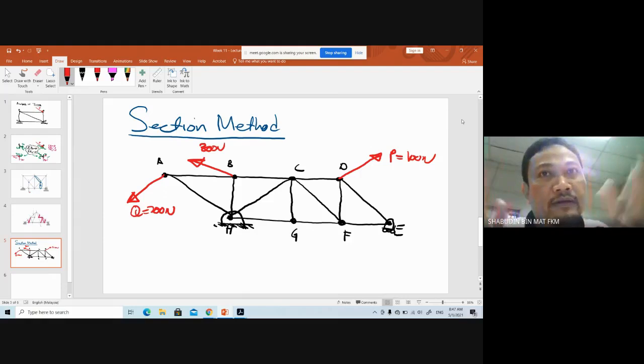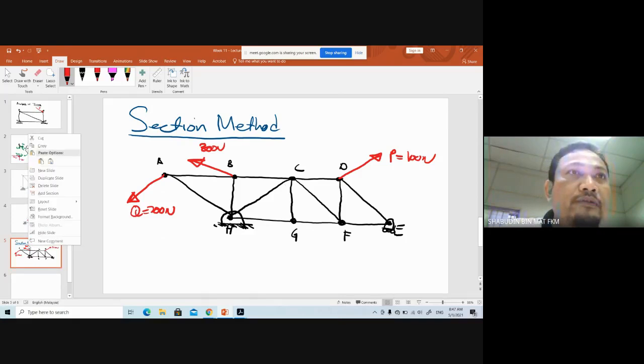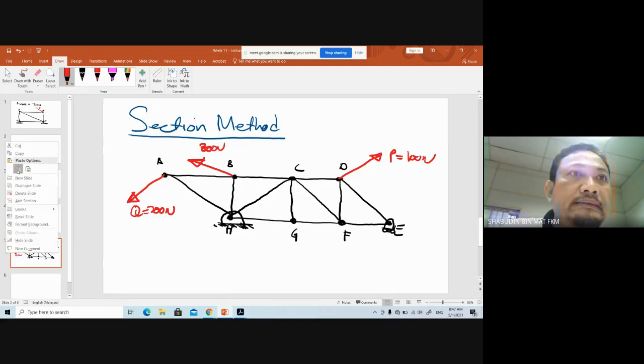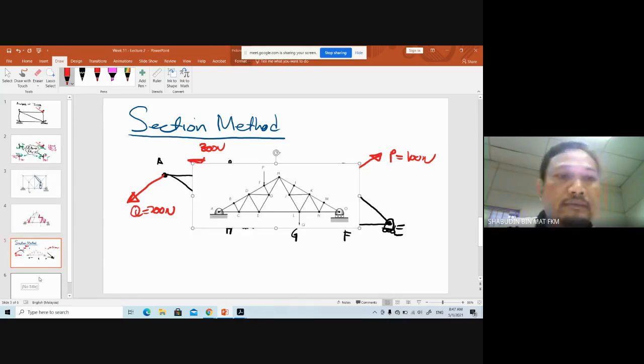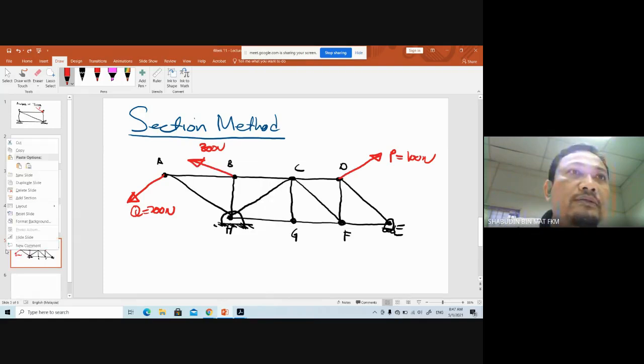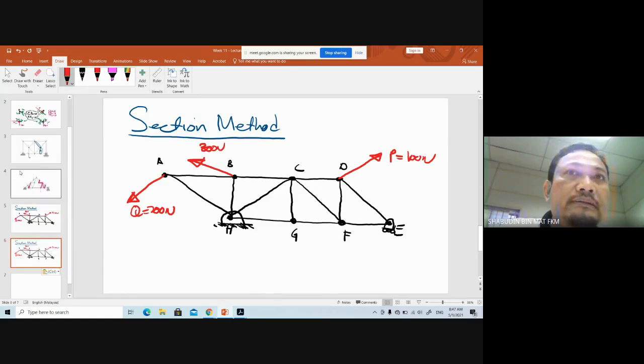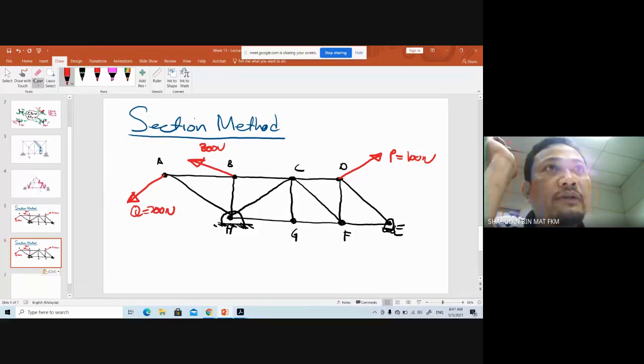Since you want to do the free body diagram, then you have to Control C, copy this one and then paste this one. So now what I want to do is remove this pin.